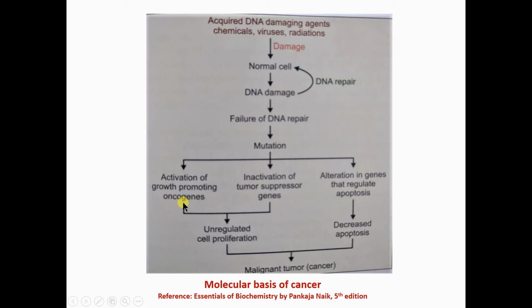So the oncogenes lead to the transformation of the normal cell into a cancer cell, and the inactivation of tumor suppressor genes gives permission for uncontrolled proliferation of the cell. So there is unregulated cell proliferation, which may lead to a malignant tumor.